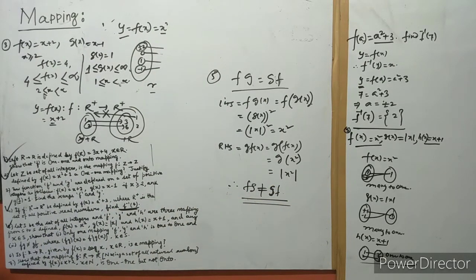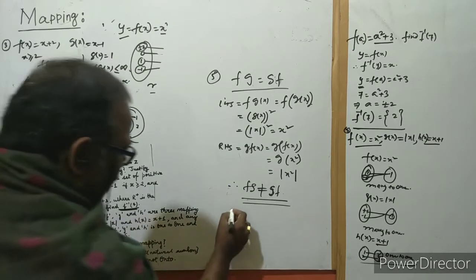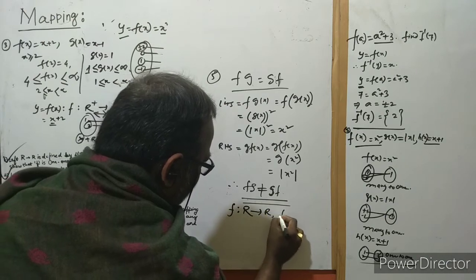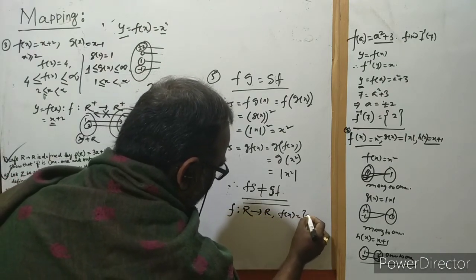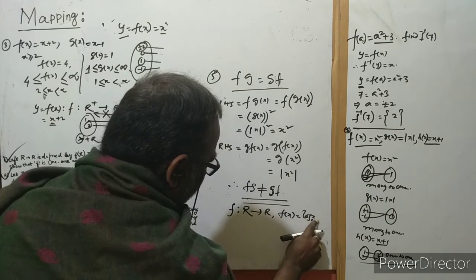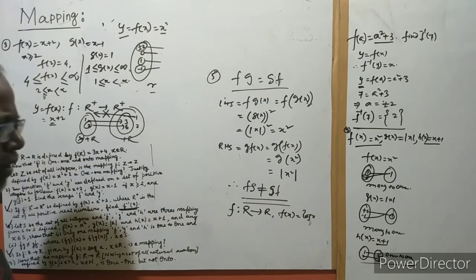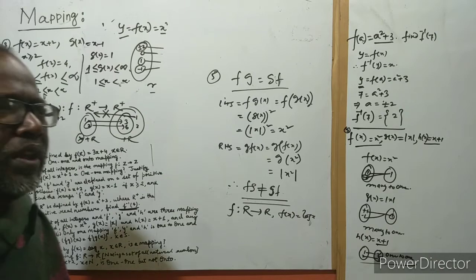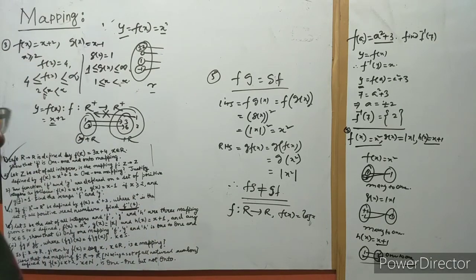And now follow question number 6. Is f of x a map from real number to real number, given that f of x is equal to log x? So here f maps real numbers to real numbers and the function is log x. In my previous discussion in this video, I said that every value of x should satisfy the function, then we can say that it is a mapping or a function.